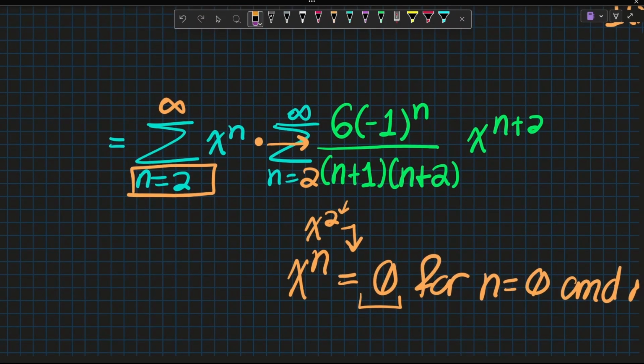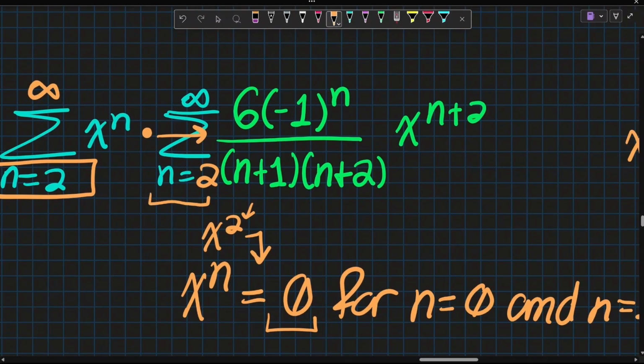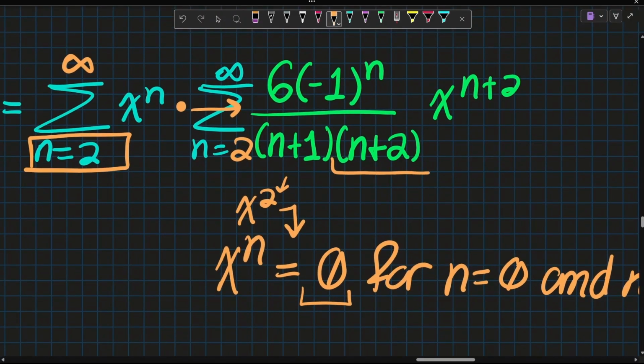Now, knowing that, what do we do? Okay, since we'd have to disregard the first two terms of this series, we would have to subtract 2 from both of these powers, wherever n actually appears.